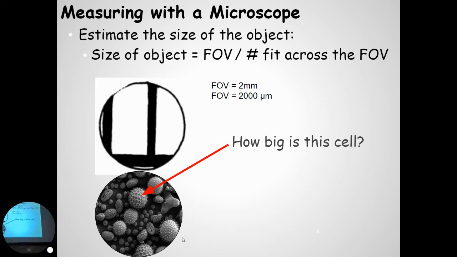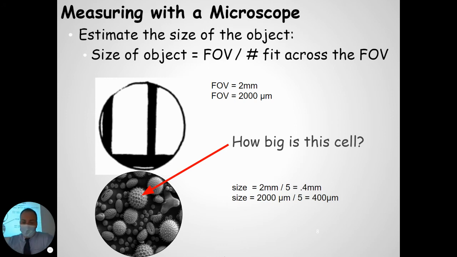How big is that pollen grain? This is 1 millimeter, and this is under the same power. So that's 1 millimeter, maybe half. Okay. So you can measure that by estimating.